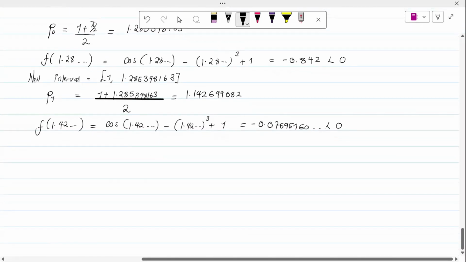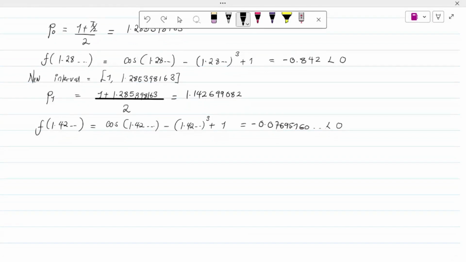So since we're getting negative again, we go back to the previous interval. Now we have to update it. From this interval, remember that 1 is still giving us the positive for this function. But now we have to replace this 1.285 that was giving us a negative with the new value of P, which is 1.426.